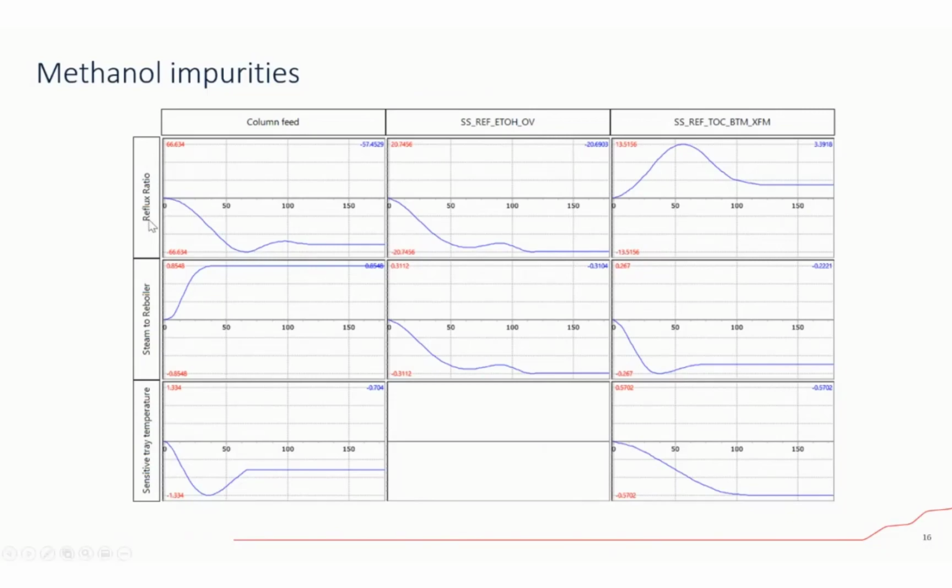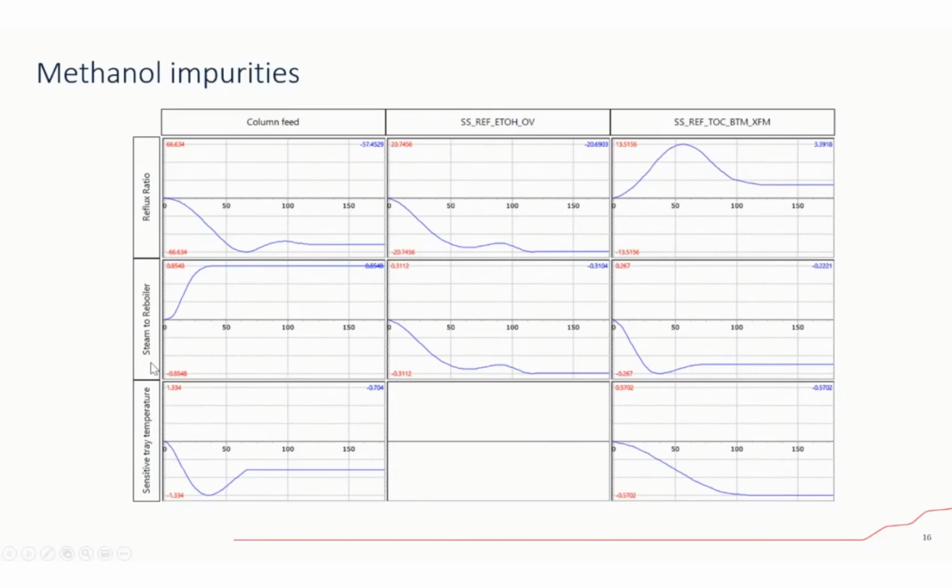But then at the same time, when you increase the reflux ratio, your impurities in the top go down. And when you increase the reflux ratio, the impurities in the water increase. Obviously, you're sending more stuff down. So if it gets purer in the top, it should get dirtier in the bottom, and that's exactly what happens in this case.